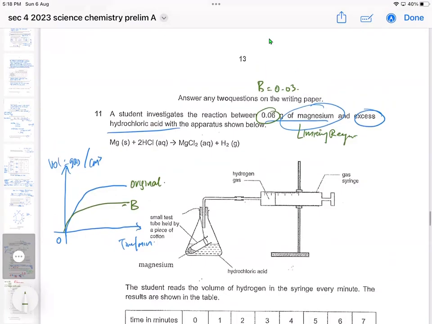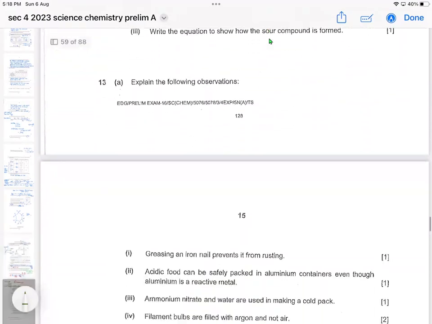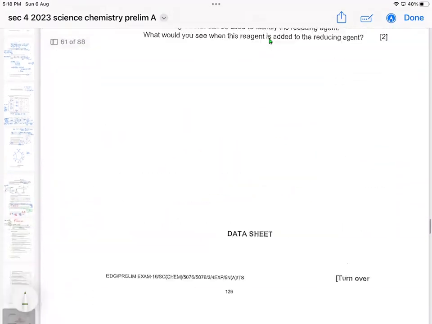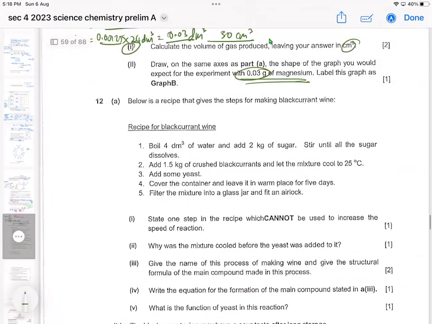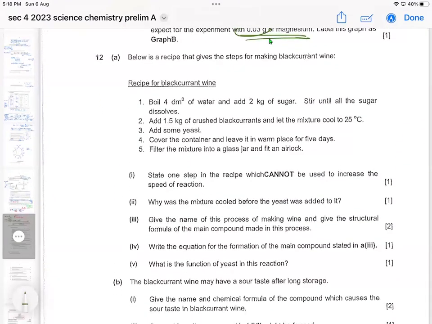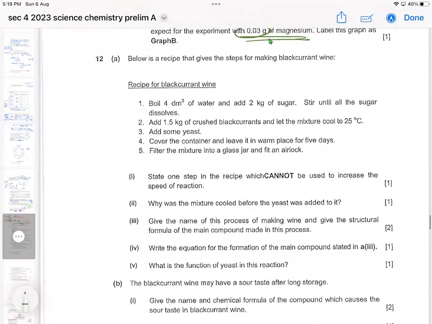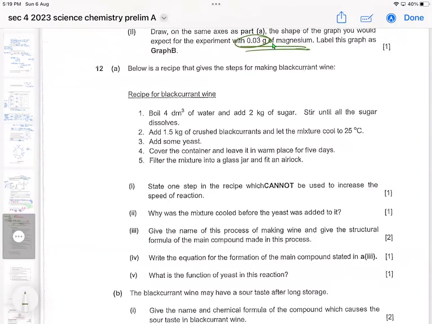Okay, if no question, then let's move on to 12. Let's look at which of the steps can actually increase the rate of reaction.